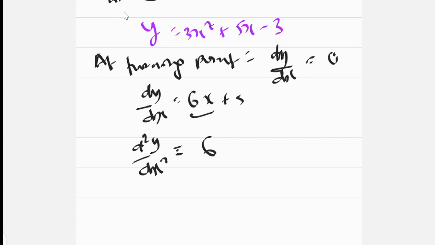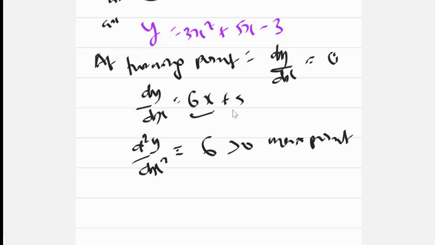Don't forget, I told you if you have a constant, the next derivative of it will give you that constant. Please refer to my video on standard derivatives, I explain it there in calculus in 5 minutes. So it means 6 is greater than 0. It means this is what? Maximum point. But we are now to find the maximum value. How do you find the maximum value?